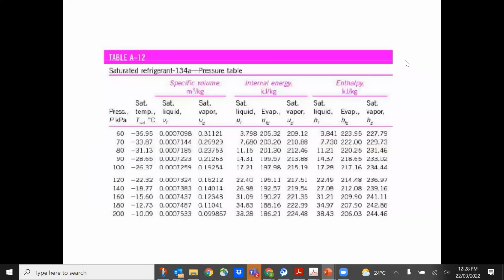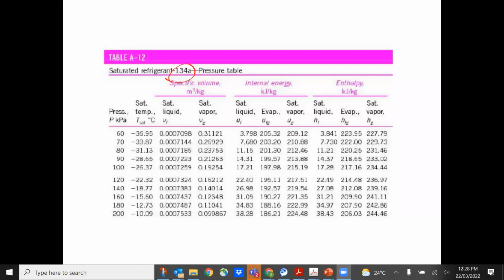And we said that not only for water, for any pure substance, you will find tables available like this. This is one of the substances that we're going to use in some of our examples, which is refrigerant 134A. Refrigerant 134A is used widely in air conditioning systems and refrigeration as well.